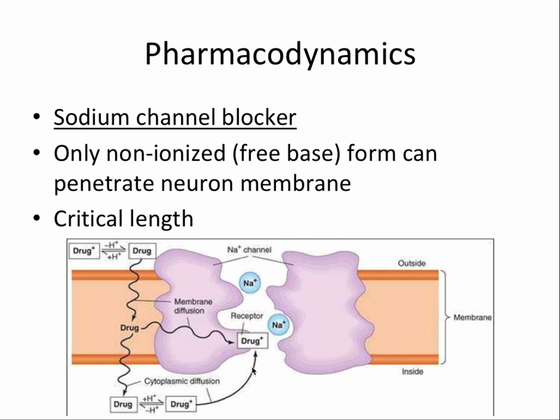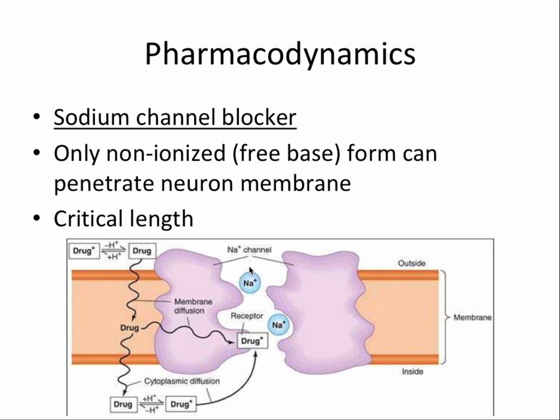And this sodium channel is in the membrane of a neuron. So this is a membrane of a neuron. And the pain signals to be transduced requires depolarization from influx of sodium through these exact channels.